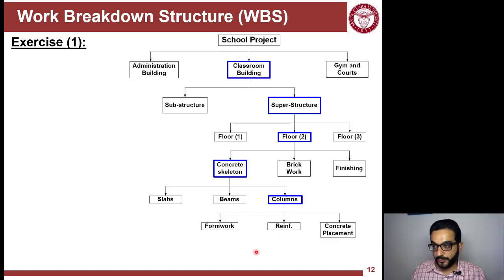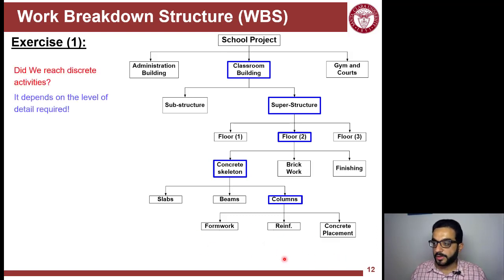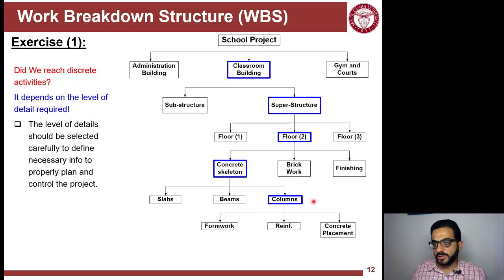I can break down further here, but whenever I feel I'm getting closer to the level where I should stop, I should be careful about breaking down further. Because again, remember, it's a trade-off between detail and the burden of managing that big and inflated schedule or plan.